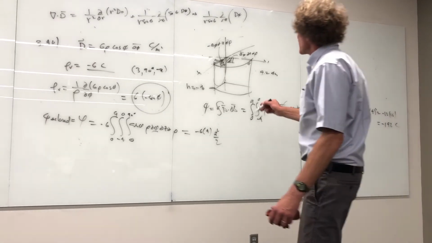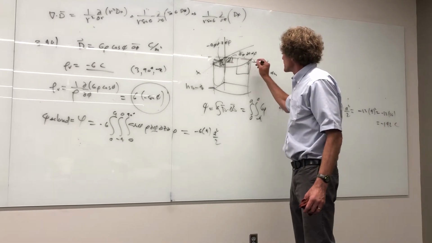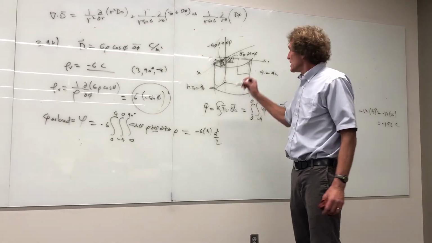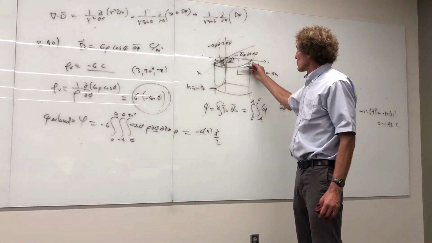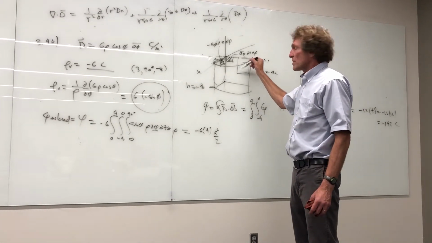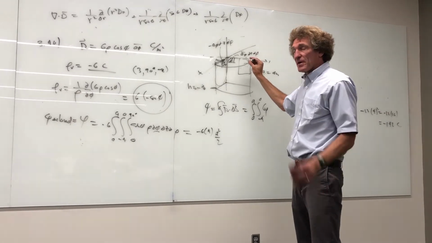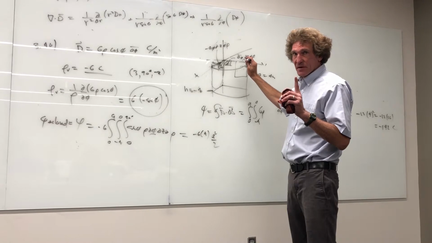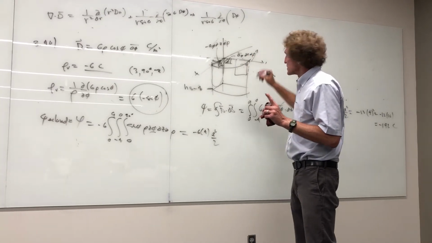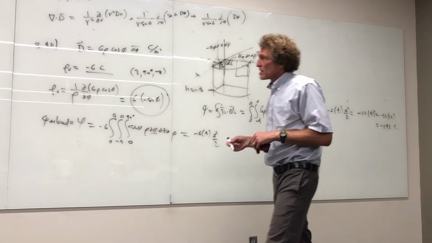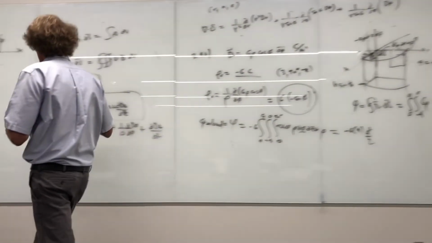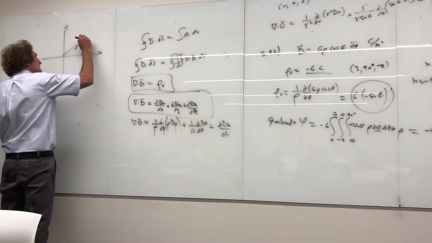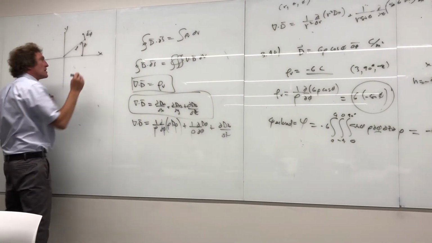Absolutely. Remember, the differential surface is always perpendicular to the plane of the surface. This plane is in the rho z direction, right? Therefore, it's a phi, but the vector's pointing outward, which would be positive a phi. A phi is a vector pointing this way. If you take a look at the tip, if this is down the z-axis, a phi is this way.